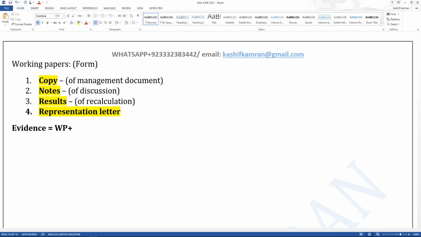And do you have the source, copy of grant agreement? Do you have the source? Notes of discussion with management. Do you have the source even? So working paper plus source plus purpose. So only the way you start it is different. You start the evidence with a working paper. And please remember the different forms of working paper I wrote above.